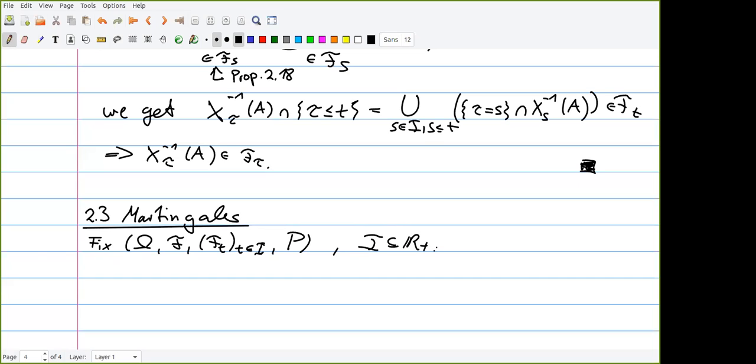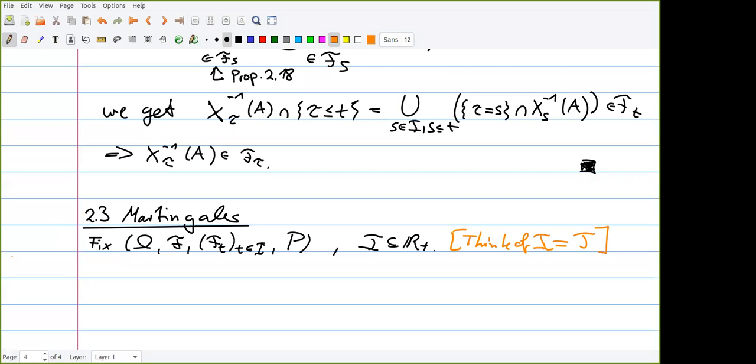Okay, and as I said, if you don't want to think about continuous time and so on, you're invited to think of the index set we actually consider most of the time. So think of this finite time horizon, index from 0 to capital T.